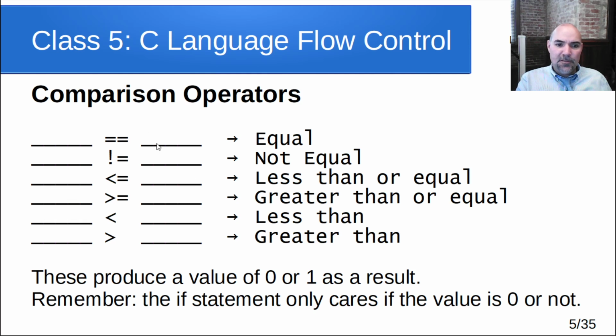These operators do something kind of mathematical in that they result in a value of either 0 if it's false or 1 if it's true. All of them produce that resulting value. And then that can be placed in the if statement because all the if statement cares about is 0 is false. Something other than 0, in this case 1, is considered true.